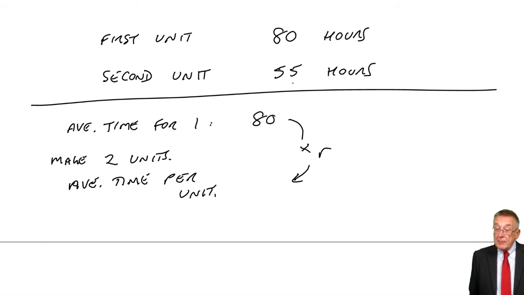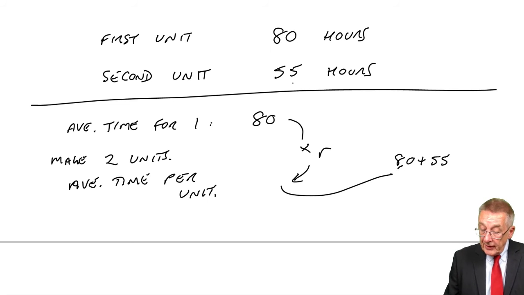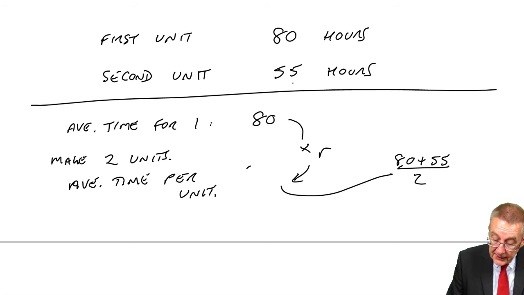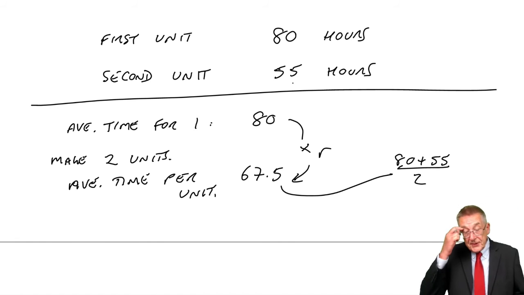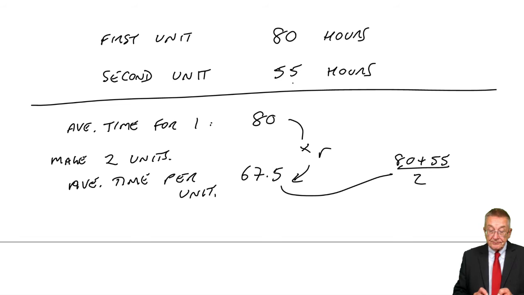Well, what is the average time per unit if we make 2? The first took 80, the second took 55. Well, the average time to make both of them took 135 hours, divide by 2 for the average. The average time per unit is 67.5 hours. Let me check that I'm not doing anything stupid. 80 plus 55 divided by 2. Yeah, that's the average time per unit.